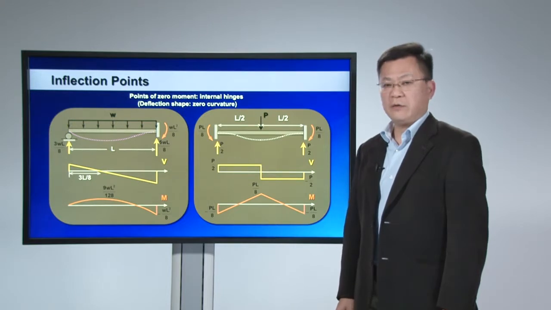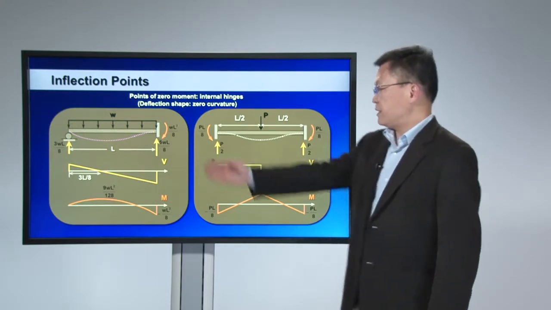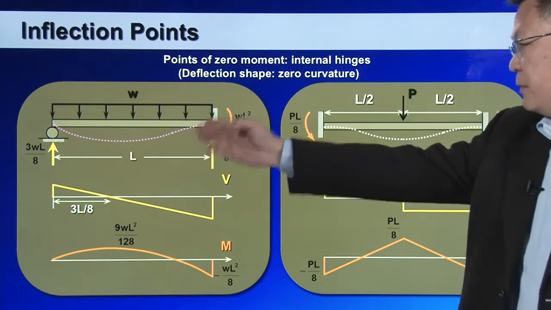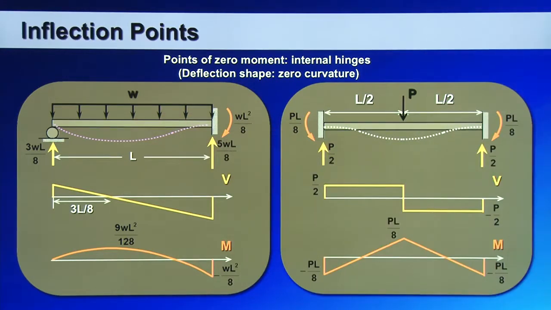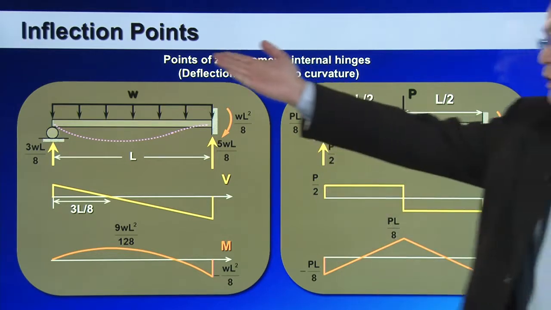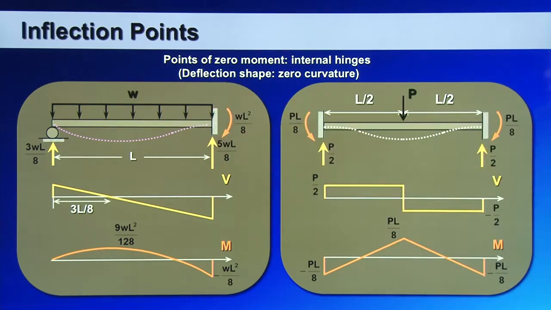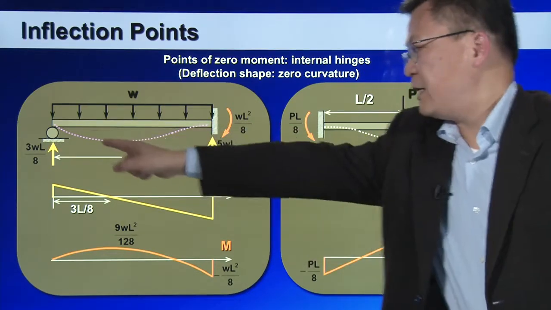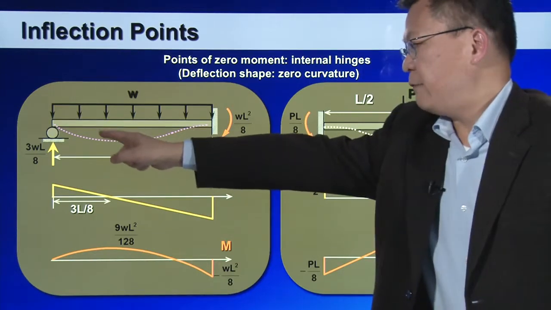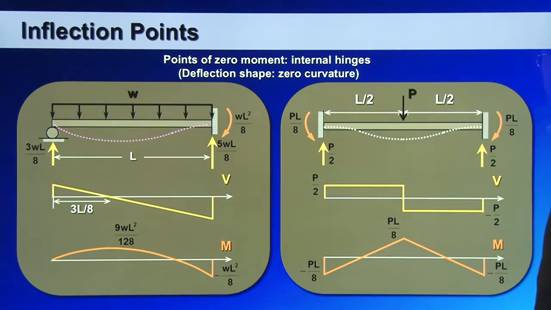points to calculate. For instance, I have a beam clamped on the right-hand side and a roller support on the left-hand side. Put a uniformly distributed load of w, and your engineering intuition should tell you that the left side of the beam should have positive curvature.